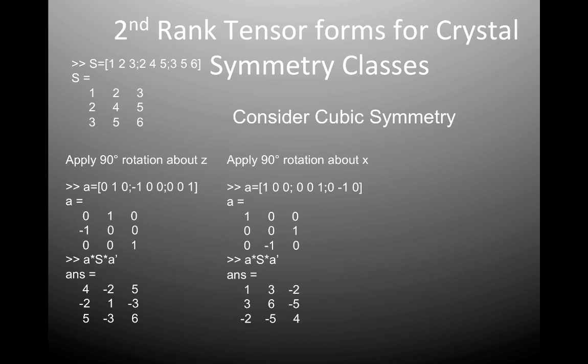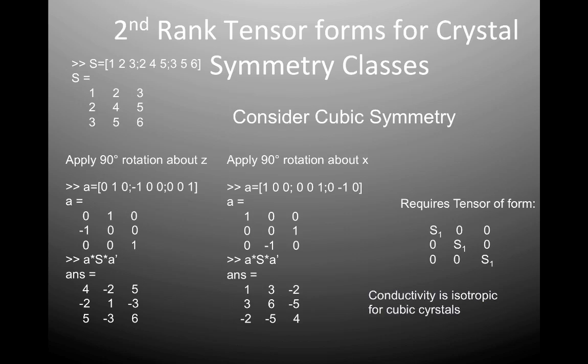And here you see that the 4 and 6 on the diagonal have been swapped, and we've changed the sign of the off-diagonal elements. Well, examining these three tensors, the original tensor and the tensors obtained by these two 90-degree rotations, it's clear that the only tensor that will satisfy the symmetry of this system is a diagonal tensor in which the diagonal elements are all the same. Thus, conductivity is isotropic for cubic crystals.